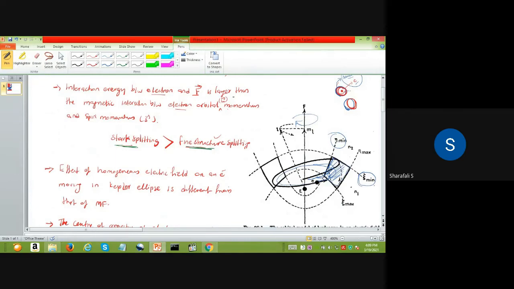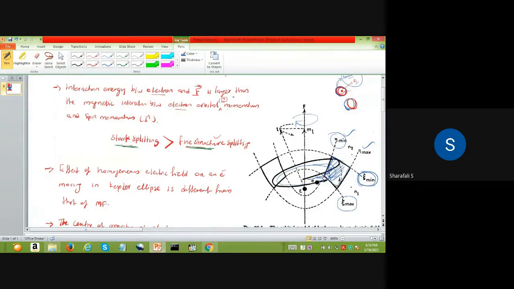Okay. So with respect to this eta minimum and eta maximum, I can specify that electron motion in each case. Similarly, with respect to this epsilon minimum and epsilon maximum, I can also specify the electron motion.